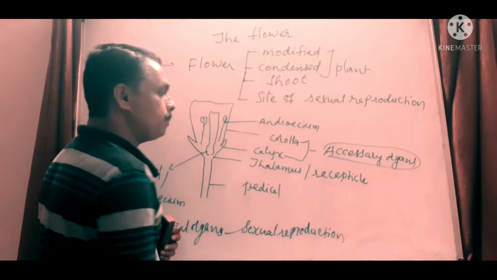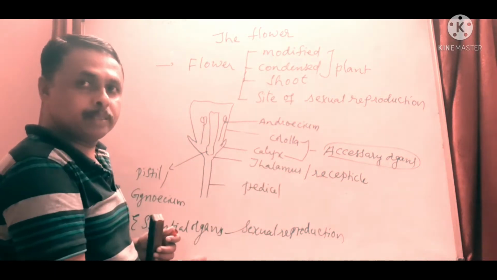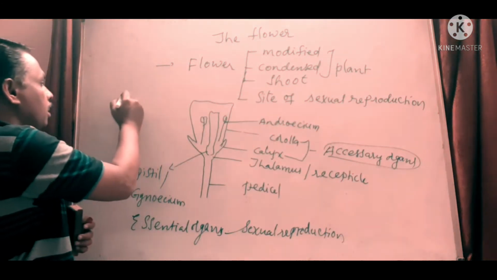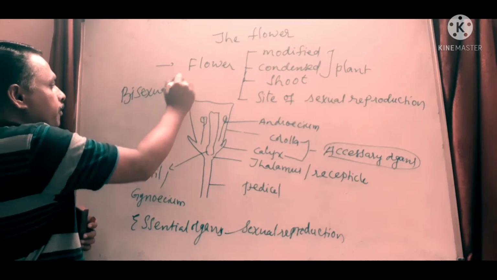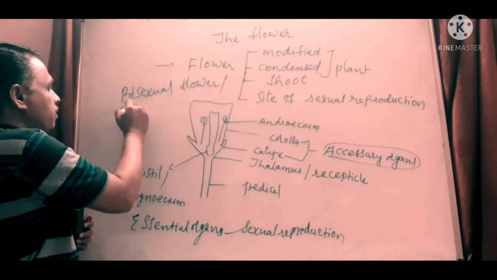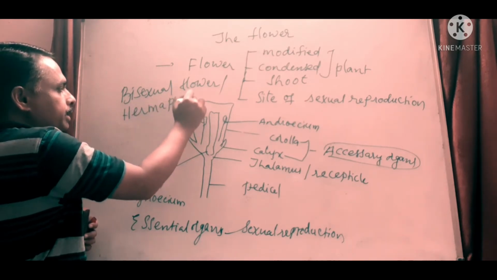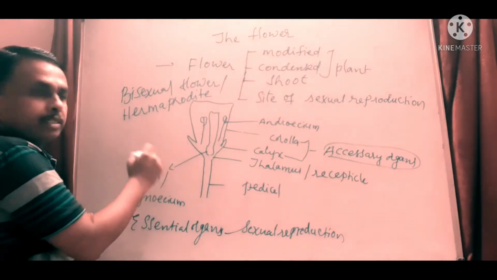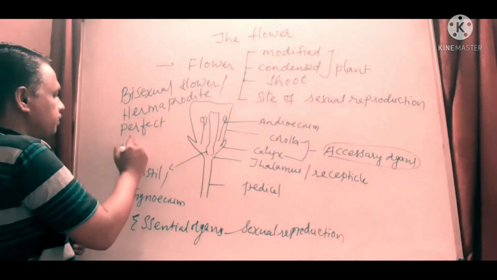Suppose in a flower all these floral organs are present, such a flower is called a bisexual flower, or hermaphrodite, or otherwise called a perfect flower.